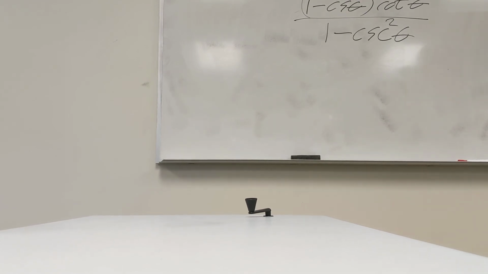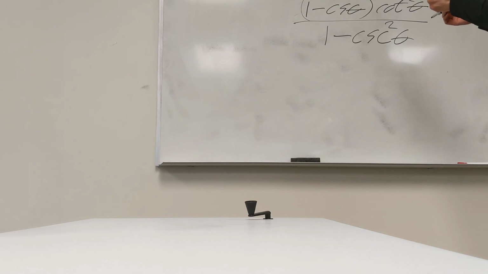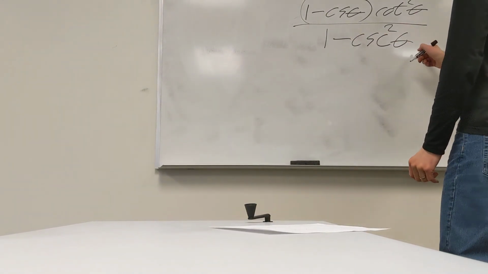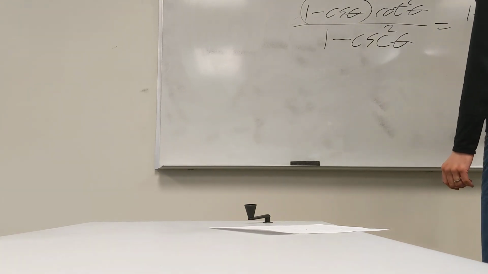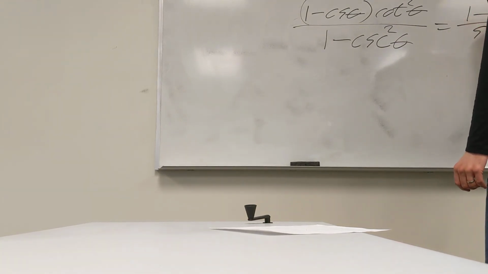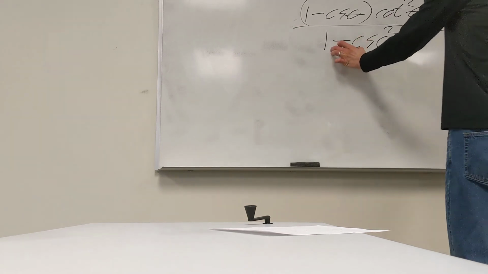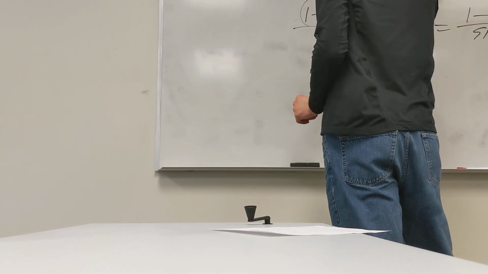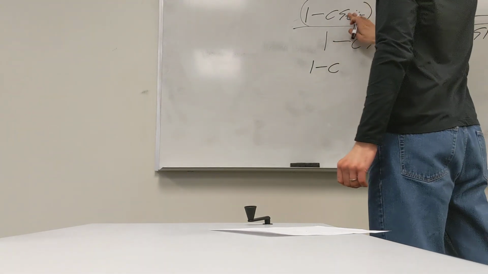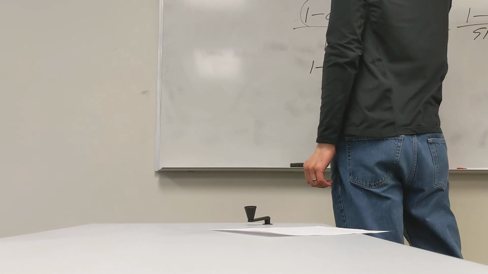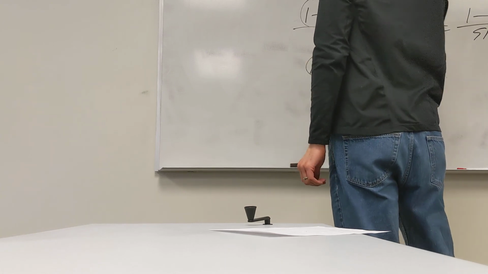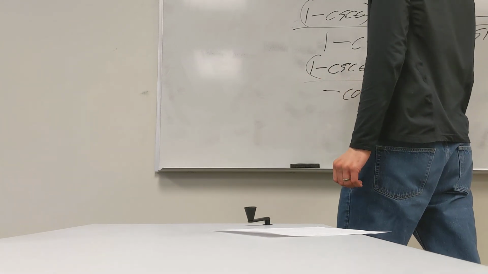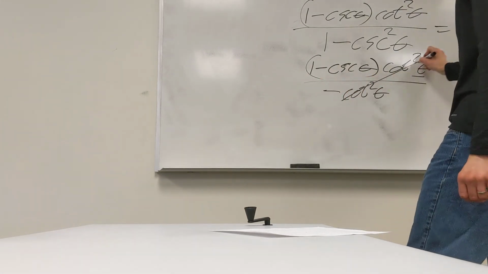It's negative cotangent squared, right? So this part is negative cotangent squared, so I'm going to get 1 minus, what is this? This is cosecant theta times cotangent squared theta over a negative cotangent squared theta, right? So those are going to cancel out.